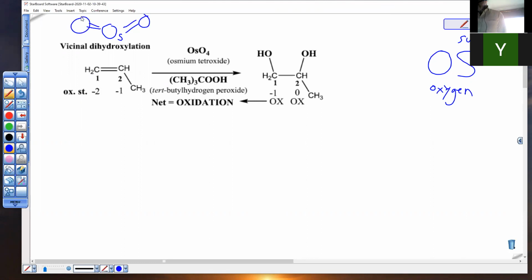Osmium tetroxide is probably the highest oxidation state you've ever seen. This name is not a good name, but it's its common name. I don't like it. You've mixed up two styles of nomenclature. You're not supposed to use prefixes like tetra for ionic compounds, and you have done just that.